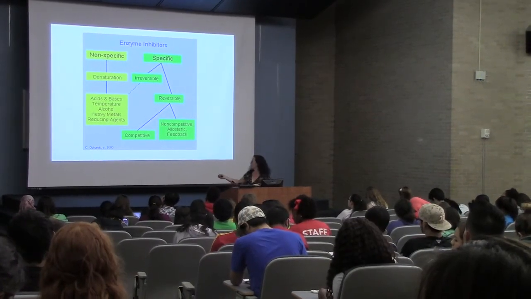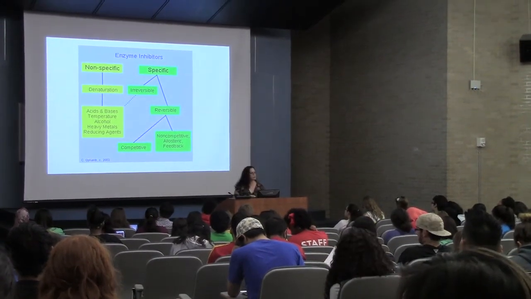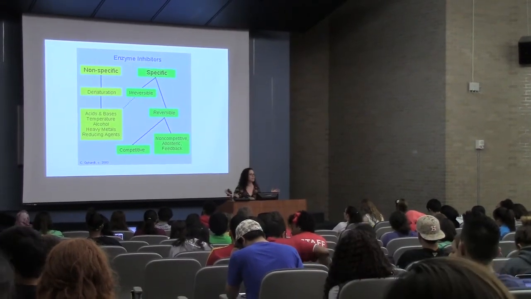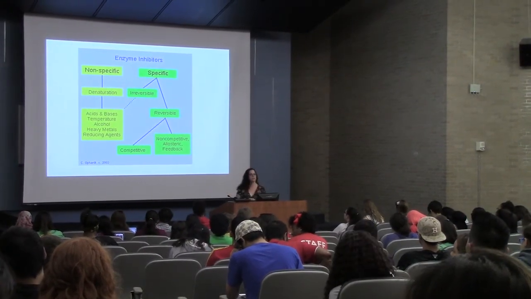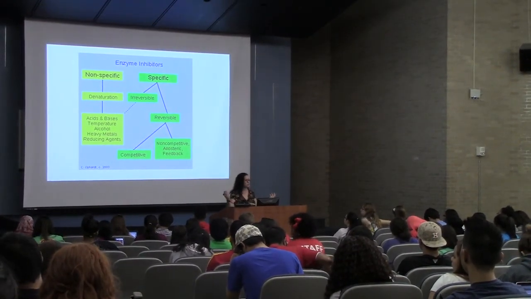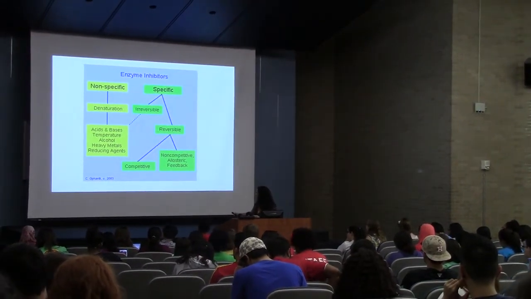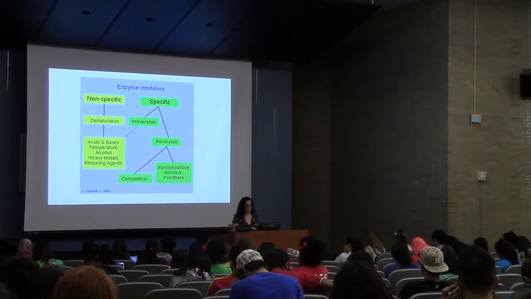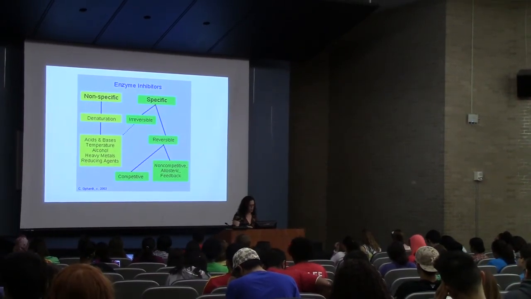But then we have the specific kind of inhibitors, and they can be irreversible, okay, when the inhibitor is permanently bound to the enzyme and that enzyme cannot go back to its active state. Or they can be reversible, that is a temporary interaction that then is relieved. And it can be competitive, like I showed you. And it can be non-competitive or allosteric. And then we also have feedback inhibition, which is allosteric as well, as you will see.